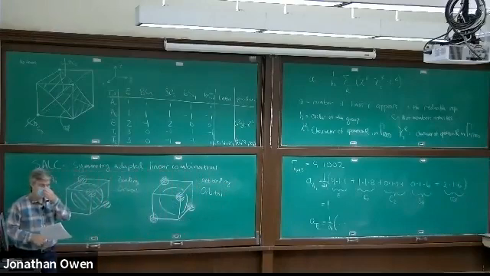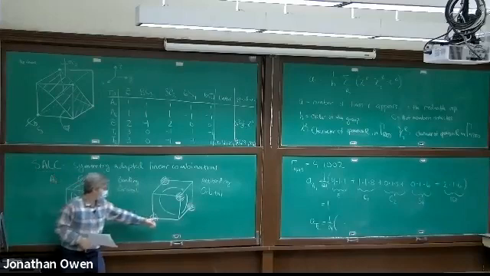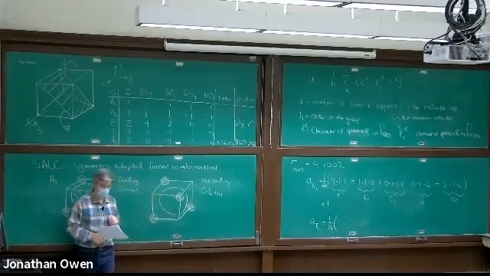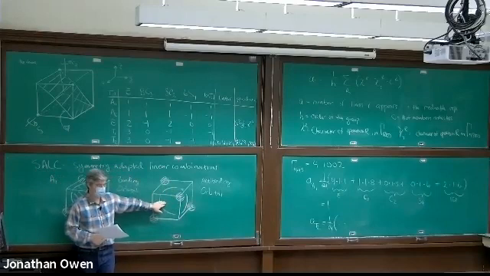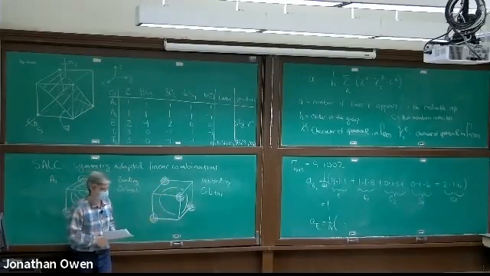Both the hydrogen 1s's on the corners have A1 symmetry. This carbon 2s orbital also has A1 symmetry, but they are out of phase. So these two components both have A1 symmetry, but now they're out of phase.